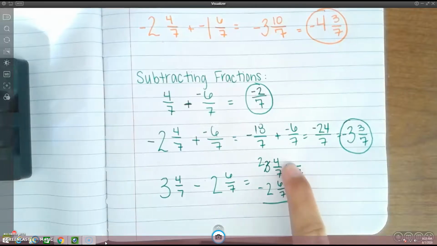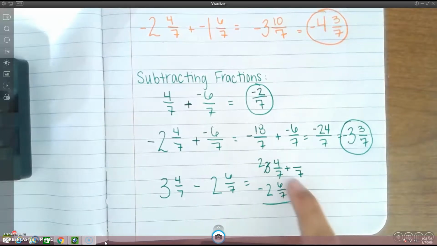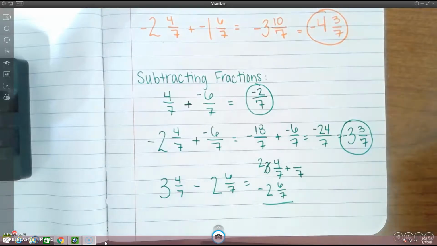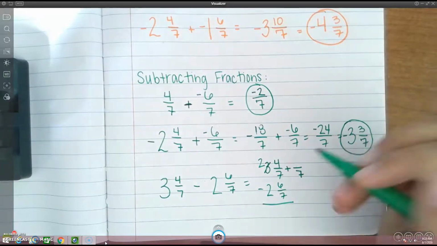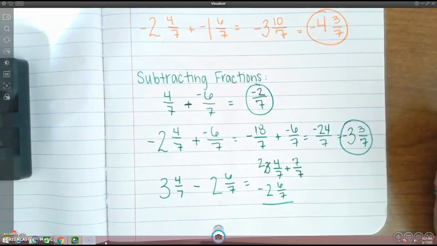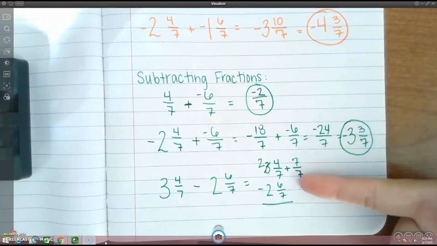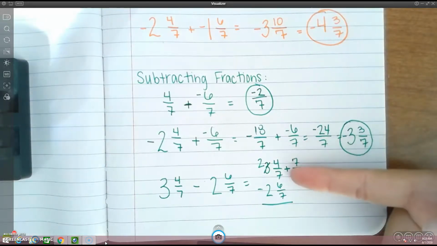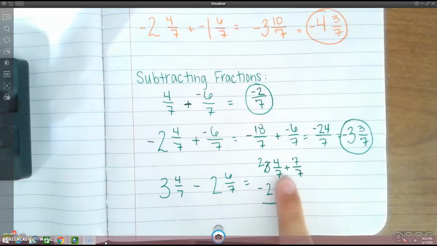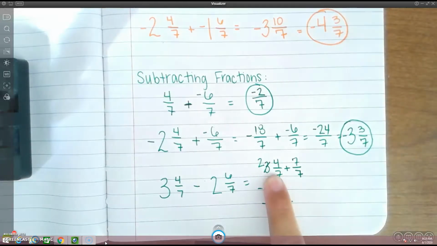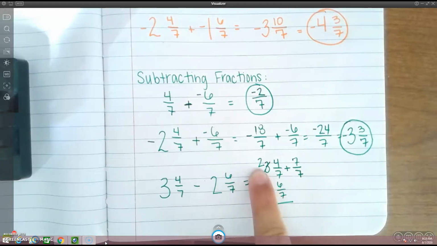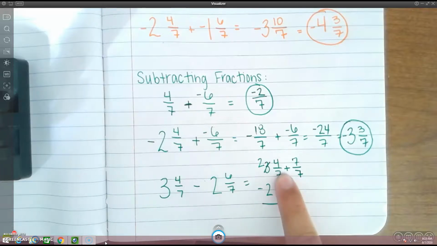Now, what number on top would make this fraction into one whole? Hopefully you guys are saying 7, because do you guys agree that 7 divided by 7 is 1? So technically 7 over 7 equals 1, so we are adding 1 to 4/7. We borrowed 1 from the 3, and we're adding it to the 4/7.